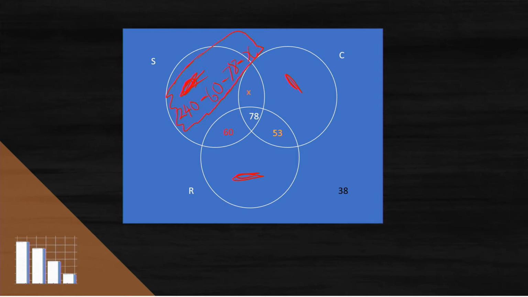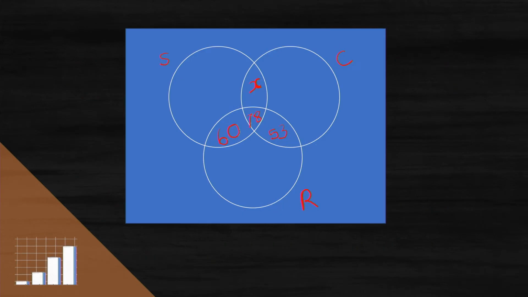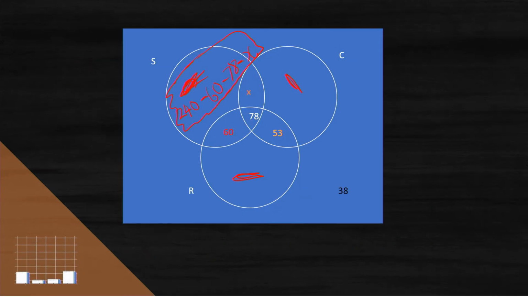So similarly for cricket, if you have a look, they say 180 people watch cricket. So if I want to know what's going to go in here, it's going to be 180 minus the intersections with the other sports. And those are the people who only watch cricket.